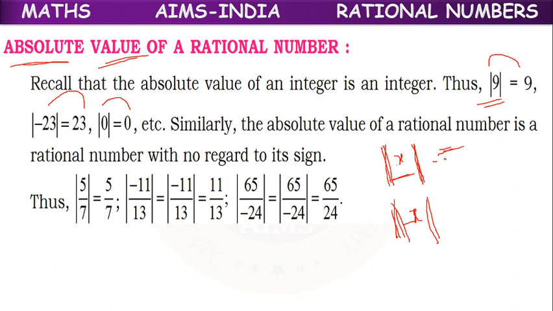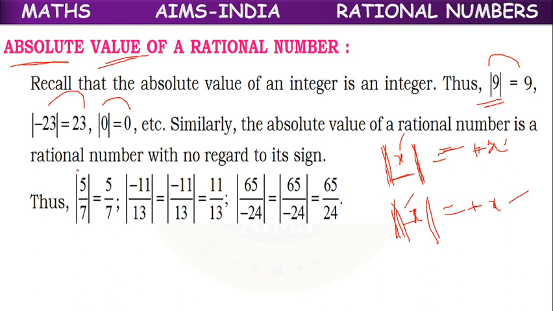Means though we may have a positive integer, though we may have a negative integer, the modulus value is always positive. Here also plus x, here also plus x. So modulus values are always positive in the case of integers.